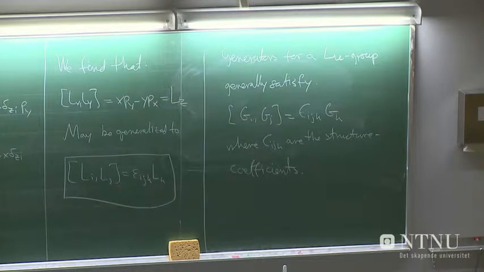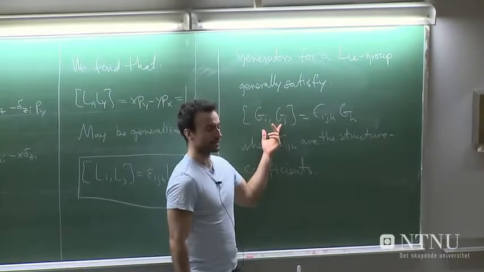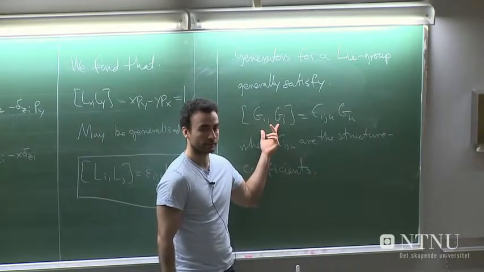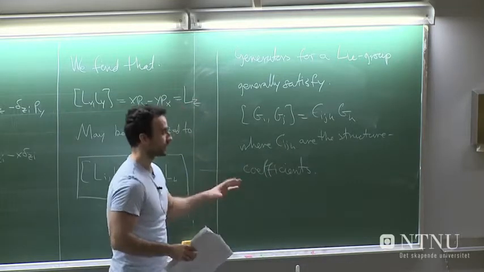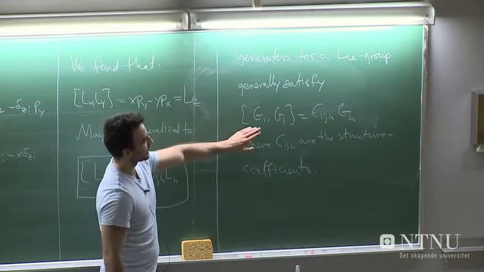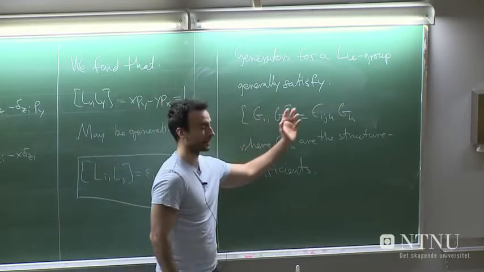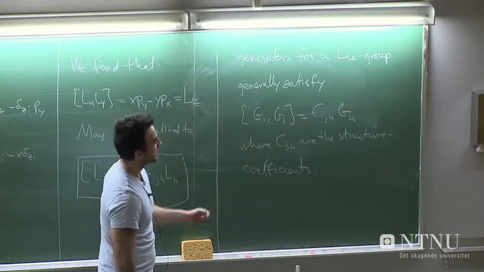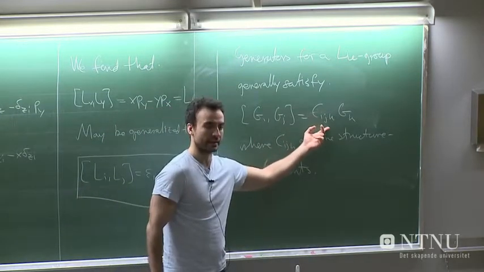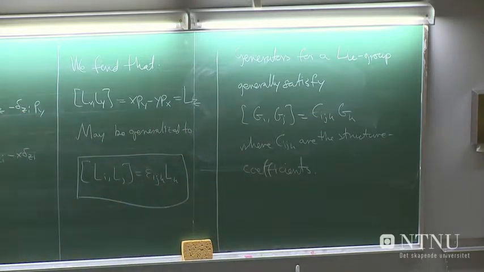Because there's an important mathematical group known as the Lie group, where we have quantities known as so-called generators that define in a way how this group works, what kind of elements belong to it. So these generators for a Lie group in general satisfy the following property. So the generators are G. And these coefficients here, C_ijk, are known as the structure coefficients.